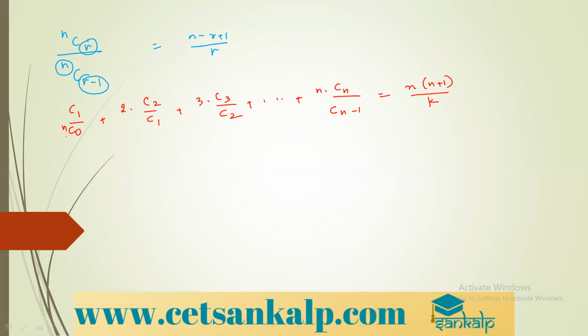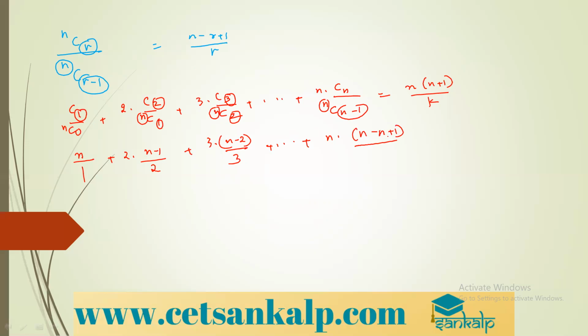Here, (n-0)/1, this one, plus 2 into (n-1)/2, 3 into (n-2)/3, like that, n into (n-(n-1))/n, where I have to subtract, so n-n+1 by this n, equal to n(n+1)/k.